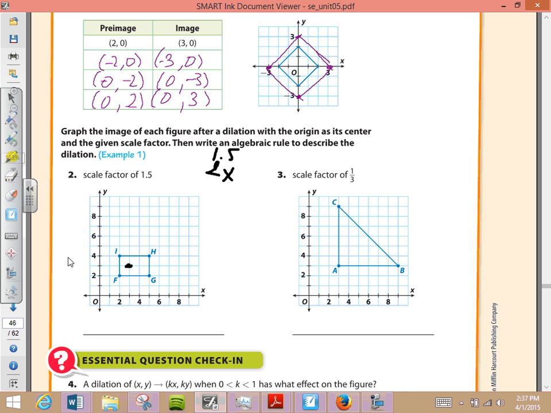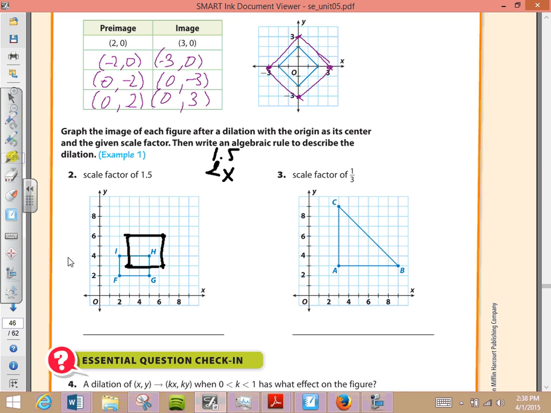And the other one is 5. 5 times 1.5, what do you get? 7.5 and 3 right here. And then the h, what is it? It should be right there. And then this one should be right here, correct? So you get another dilation that is a little bit off the lines of the grid, but it still works.